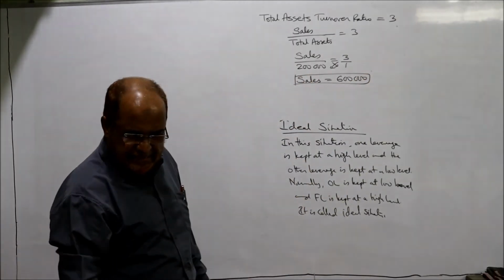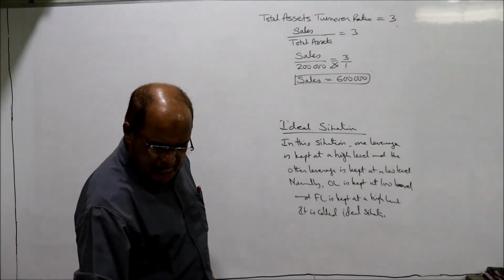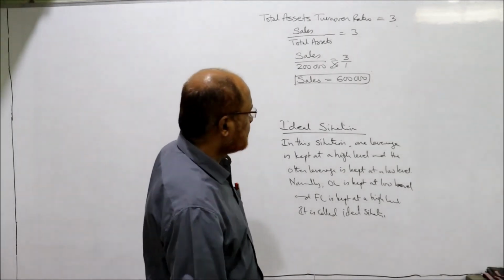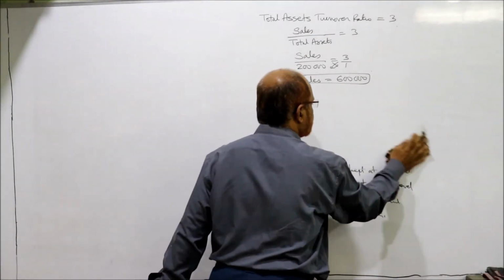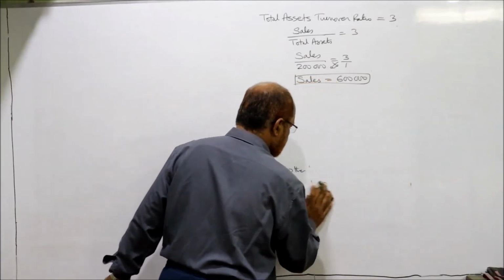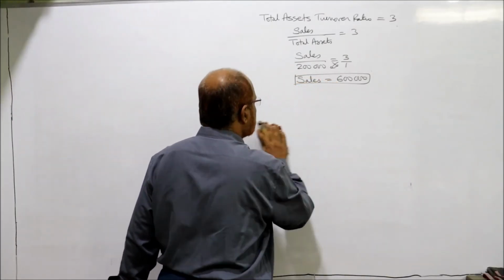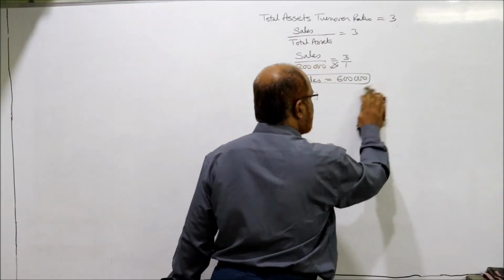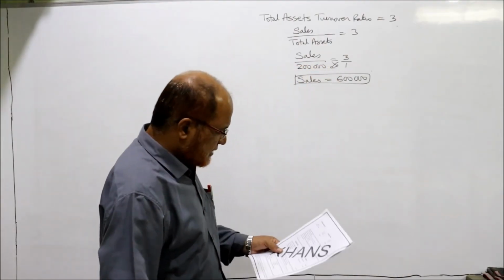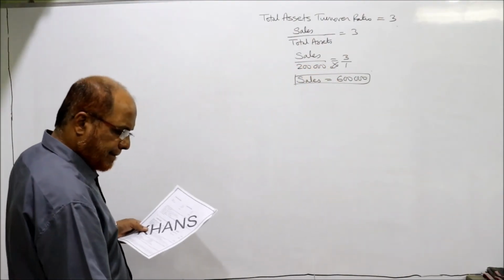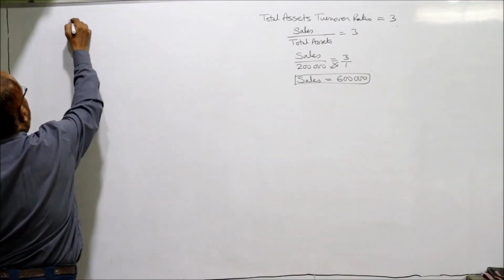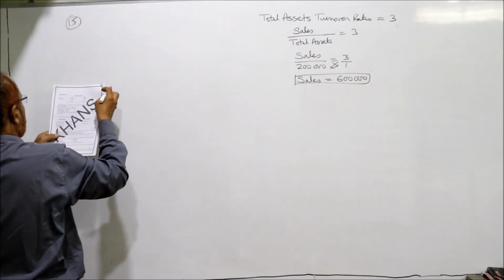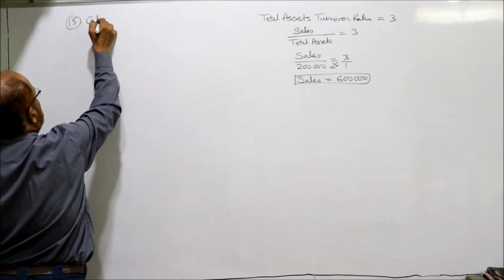So we got sales as 6 lakh rupees. Now we'll start the problem, that is, the calculation of leverages.